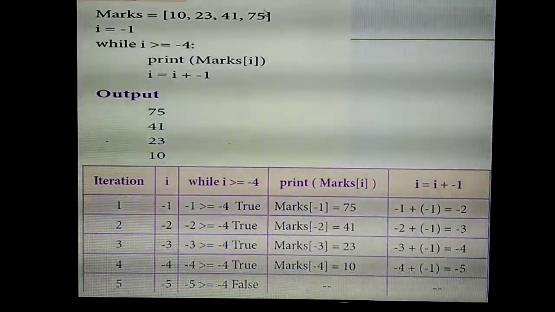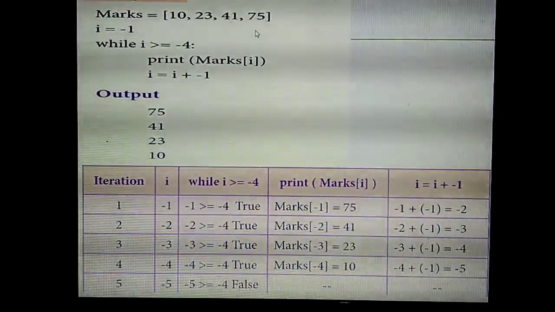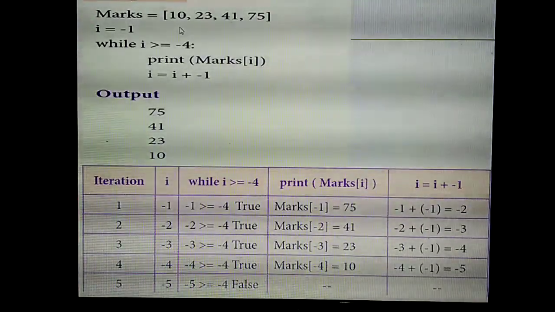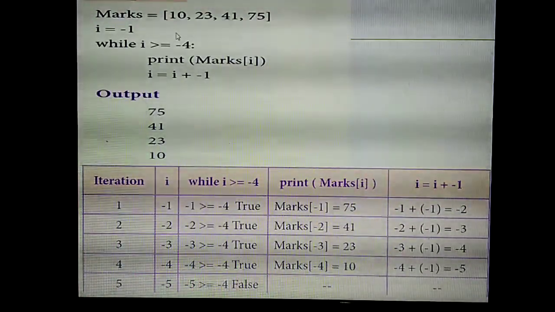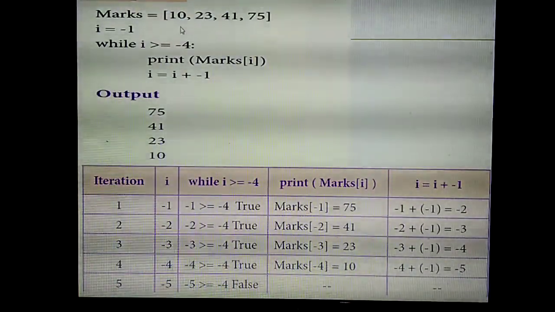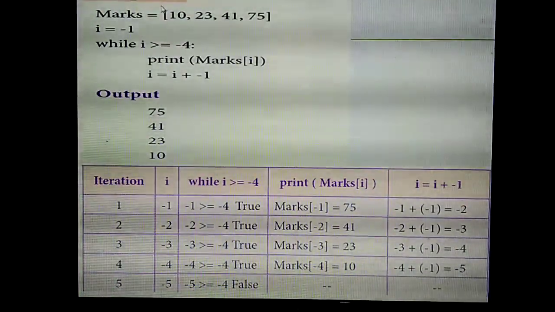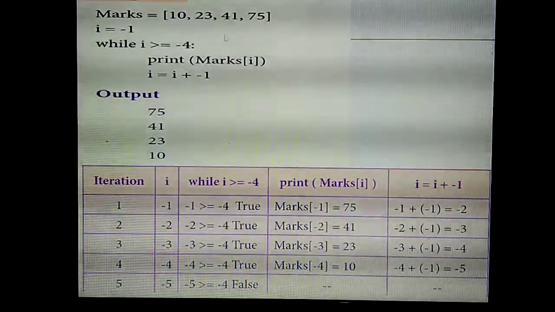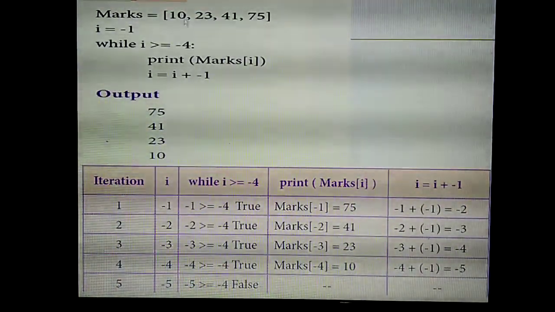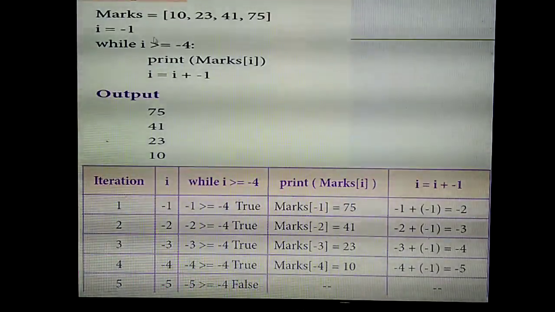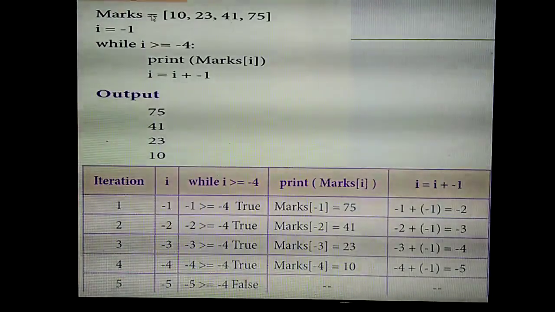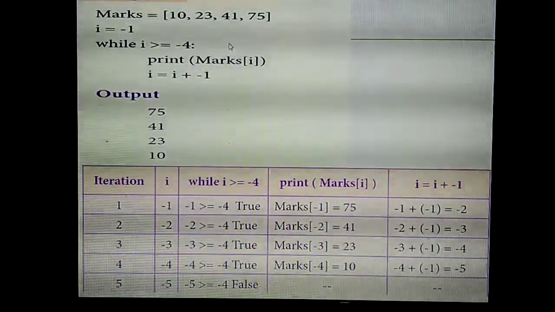Negative index starts with -1, so you need to go till -4: -1, -2, -3, -4. Positive index takes the last value n-1, but for negative index you give the last index value itself. So the condition is i greater than or equal to -4. That means it will print the output till -4.